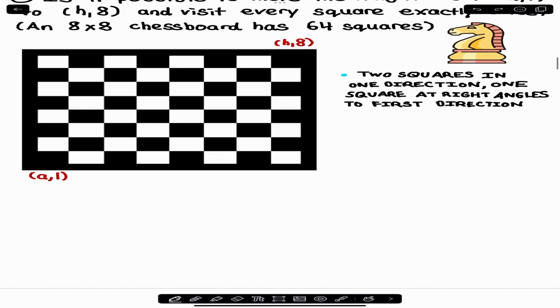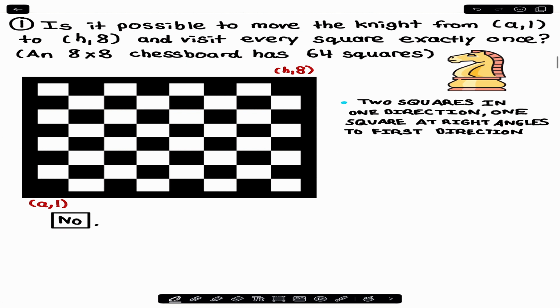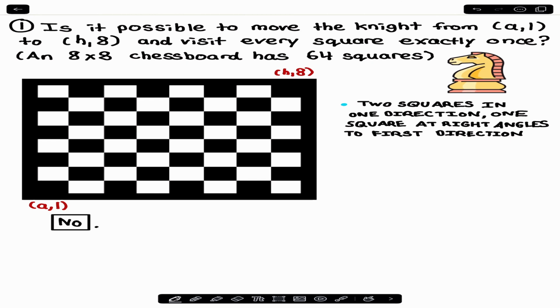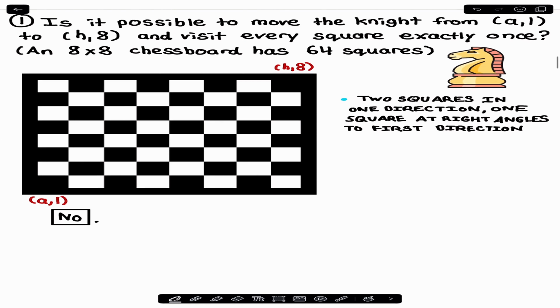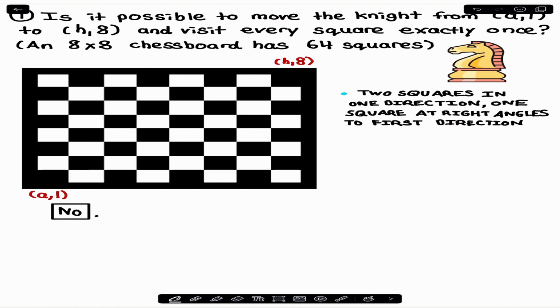So yes, here's the answer. The answer is actually no. I'm going to do a little box around it, like so. So no, it is not possible to move the knight from a,1 to h,8 and visit every square exactly once.